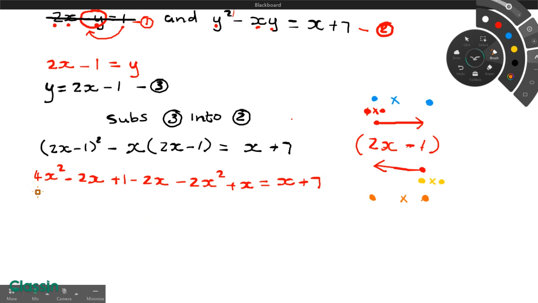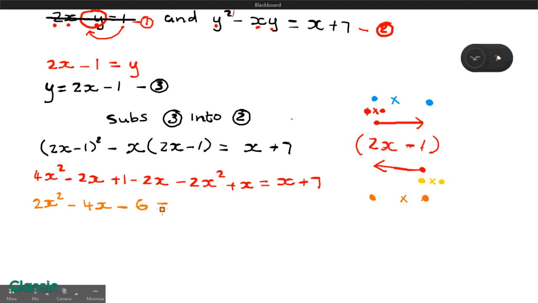Now from there we're going to group the like terms. 4x squared minus 2x squared, the answer is 2x squared. Negative 2x is negative 4x plus x. This one we can just leave them because they are going to cancel. Let's write 4x. Then 1 and this is going to be negative 6 equal to 0.